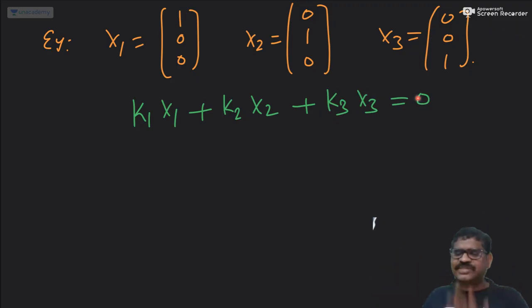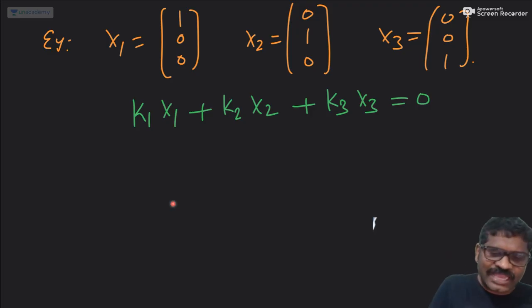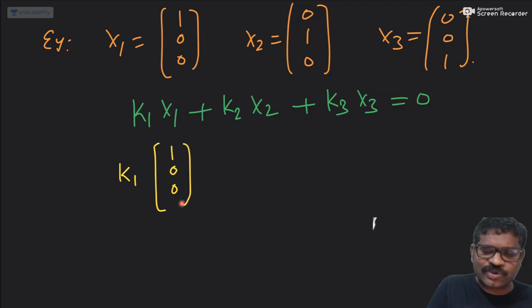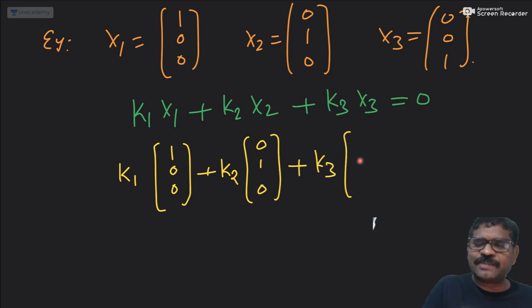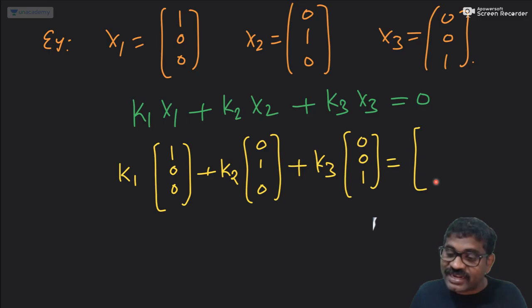You have to take it like this. Now, K1 multiplied with x1, 1, 0, 0. K2 multiplied with x2, 0, 1, 0. K3 multiplied with x3, 0, 0, 1 equal to the 0 vector. Sir, what is that 0 vector?